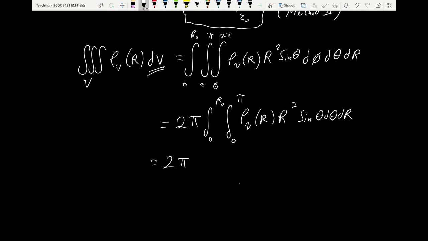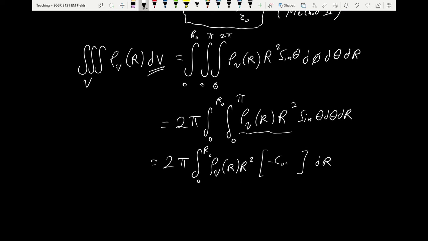Notice this term is not a function of theta, so I can take it out. So I have rho v r squared dr, and I just need to integrate sine theta with respect to theta.